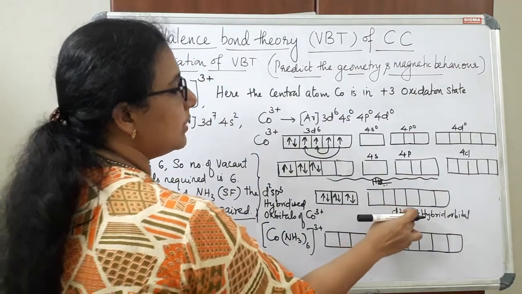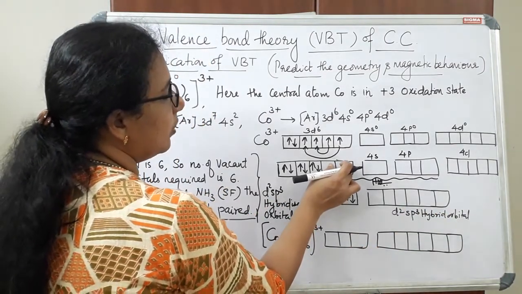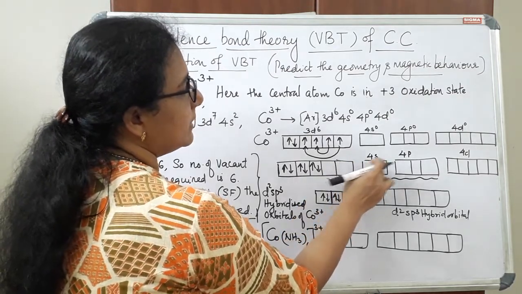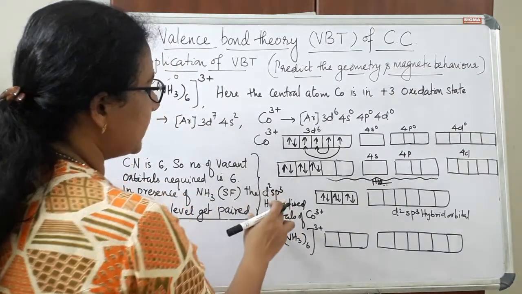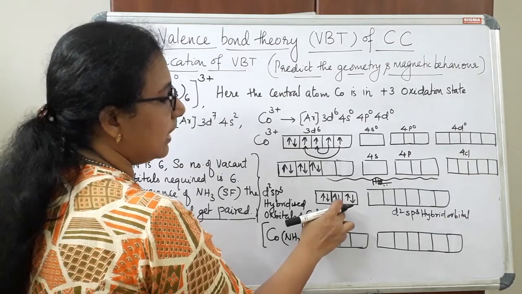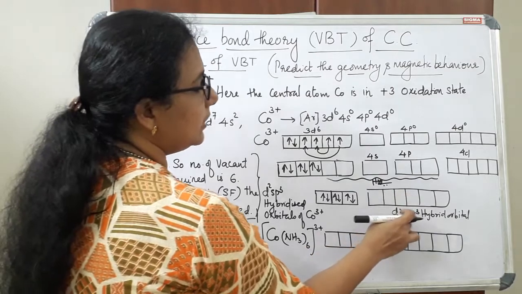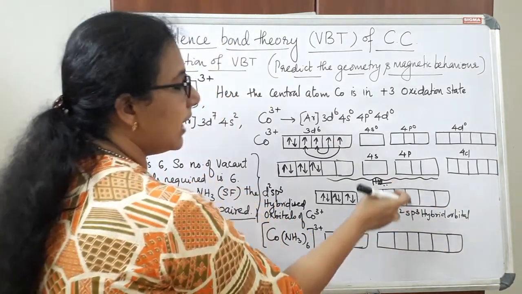So d2sp3 hybridization takes place here. That means 2 d orbitals from the 3d level, then 4s orbital and 4p orbitals hybridized together. Now d2sp3 hybridized orbitals of Co3+ is drawn like this. So this is the paired orbital and this will be the d2sp3 hybrid orbitals, which is vacant in nature.